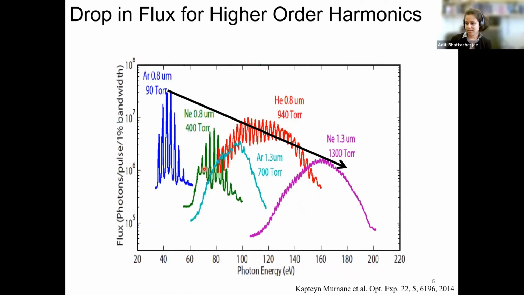So what you see on this slide is pretty much the state of the art in 2014 from Kapteyn-Murnane, where as the energy increases from 20 to 200 electron volts on the x-axis, you can see that the photon flux comes plummeting down two orders of magnitude. A couple of questions that were open in the field at the time that I was starting out at UC Berkeley were: A, will it be possible to measure the static X-ray absorption spectrum of a carbon film or a carbon-containing molecule?